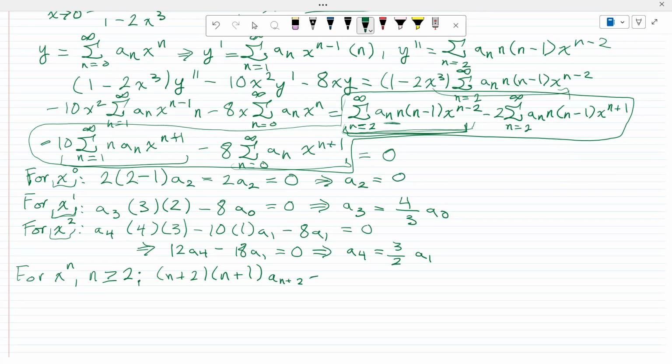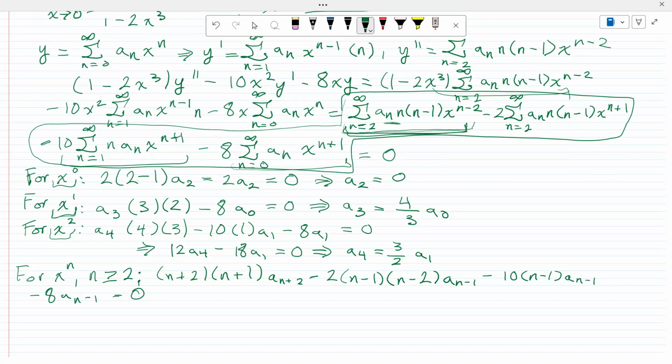Okay. And then minus 2 times n minus 1, n minus 2, a n minus 1, minus 10 n minus 1, a n minus 1, minus 8 a n minus 1. All of this is going to be equal to 0. Okay.